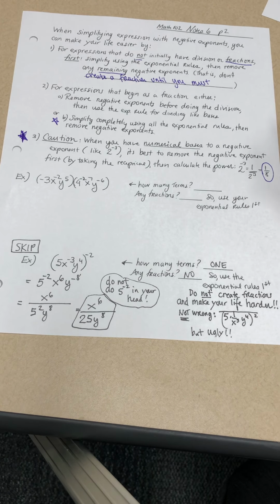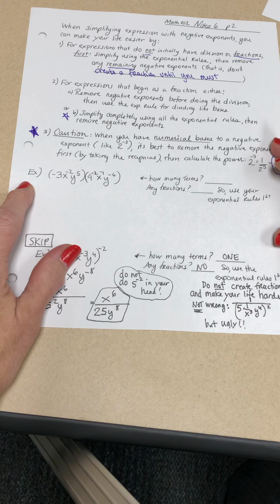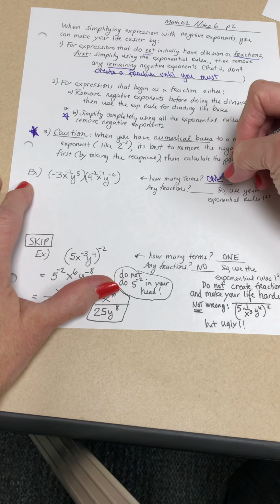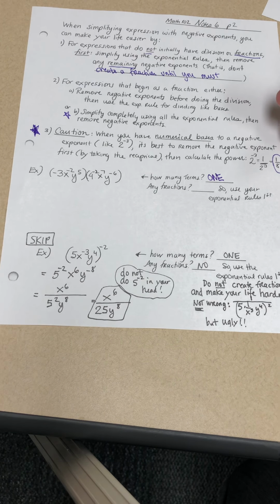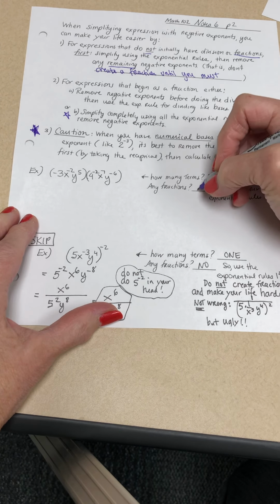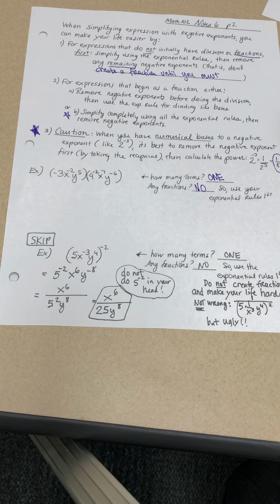So let's try this problem. All right, simplify. How many terms? Well, it's all one term, which means when I flip, I'll be flipping within that same one term. Are there any fractions? Nope, not yet. Well, don't create fractions by starting to flip right away.